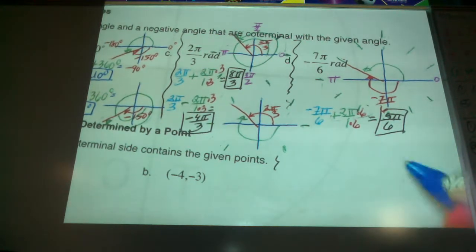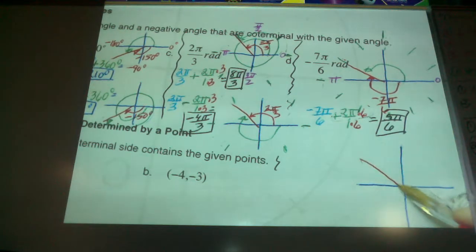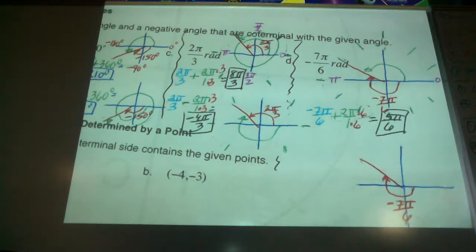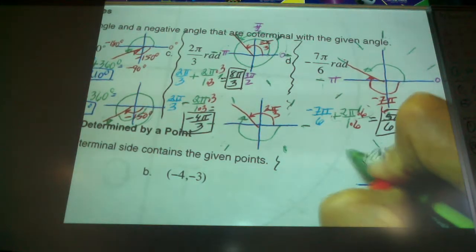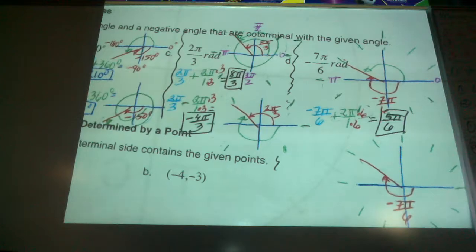So let's go negatively. Doing the same thing. Here we go. We know already we're ending up in quadrant 2, right here. This is our from here to here, negative 7 pi over 6. Let's partition it out. Ellie, you with me? So this is 0, 1, 2, 3, 4, 5, 6, 7, 8, 9, 10, 11, 12.